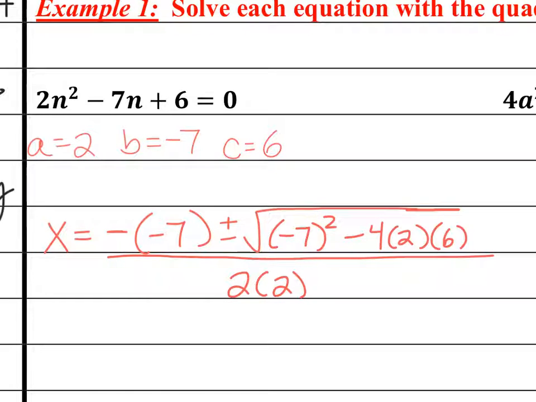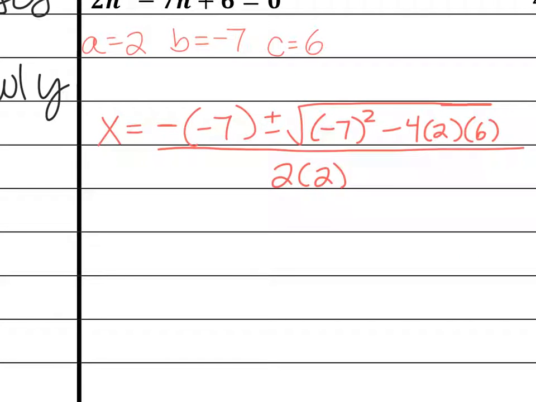We are going to simplify slowly. So first thing we're going to do is multiply everything we see, and then we'll leave the adding and subtracting and dividing for last. So it's equal to, what's -1 times -7, guys? 7. So it's 7 plus or minus the square root. What is -7 squared?